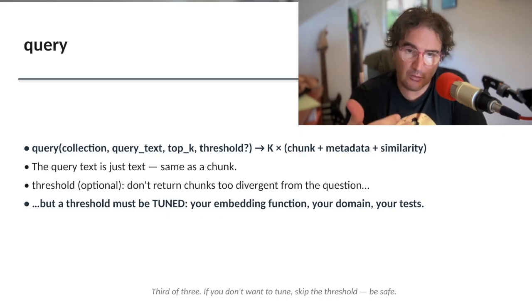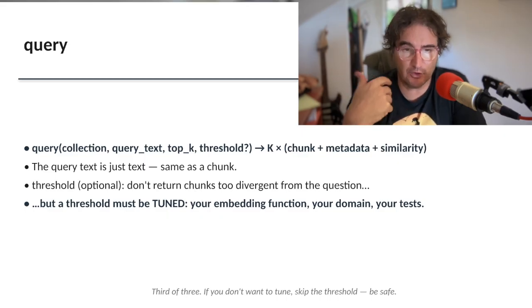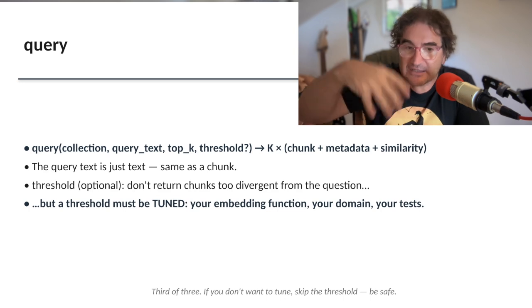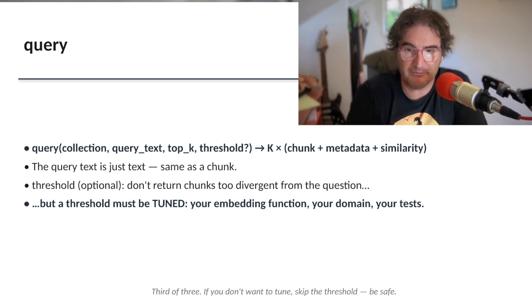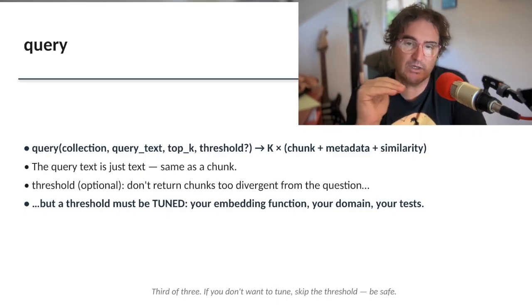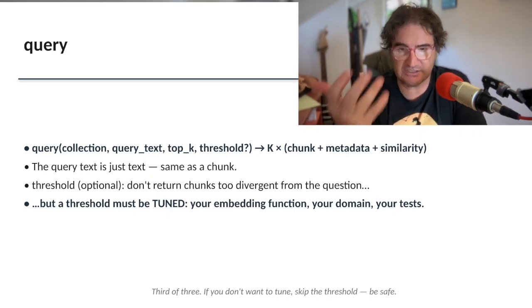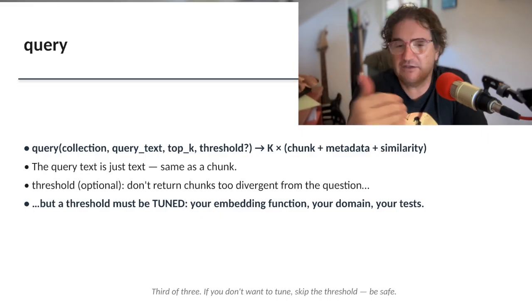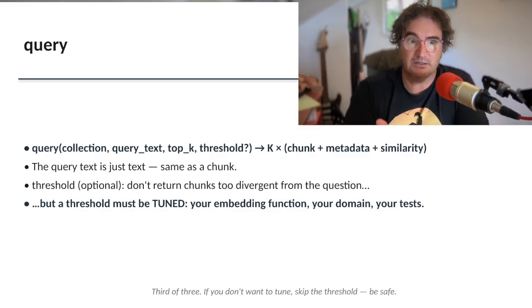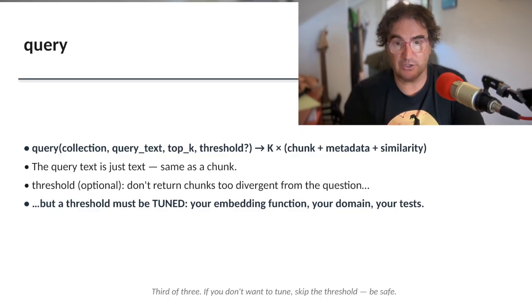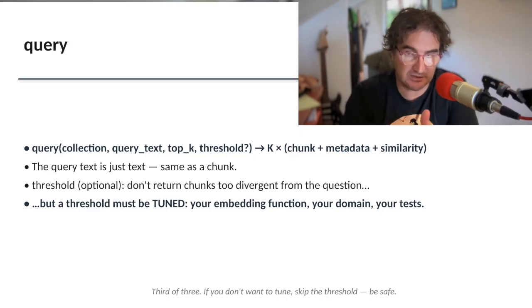You have to know your embeddings function, the domain, the type of document that you are embedding, and how similar it is behaving. You have to test and know at what point you want to set the threshold, because the contents are not related. But if you want to be safe, you just forget the threshold, and the query is going to return you a K number of chunks if it has enough.